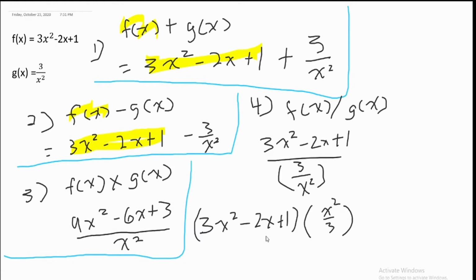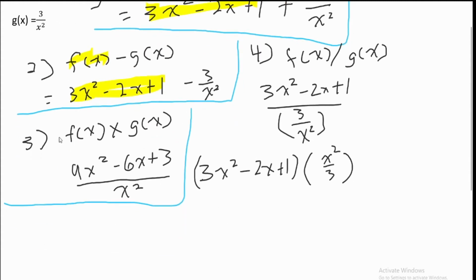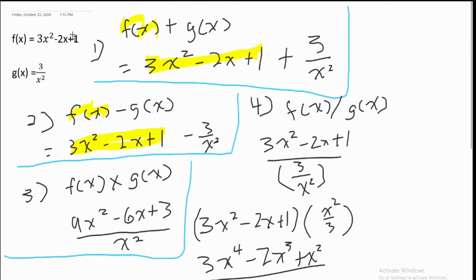These two are the same thing. And because this is multiplication, it's basically just part 3. So let's just multiply: 3x to the 4th minus 2x cubed plus x squared all over 3. All right, so that's our solution right there.